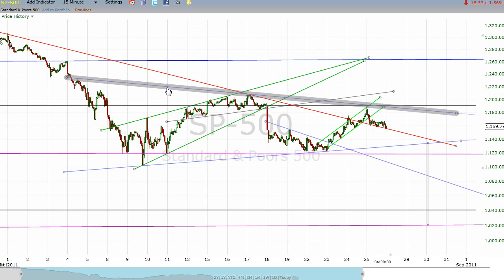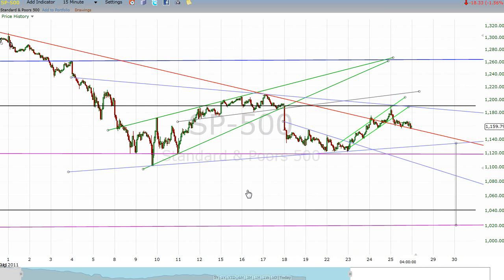Again, if this top line and this bottom line are defining a triangle, then if it breaks down to the downside, we're looking at a minimum move to about 1020, where there should be strong support.